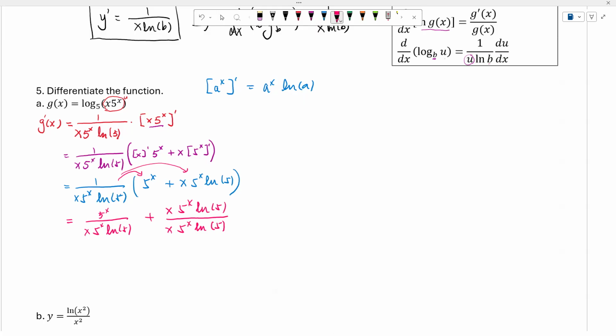Of course, you will see that these two cancel out, and then this one and this one cancel. So then I will have 1 over x times natural log of 5, plus 1.